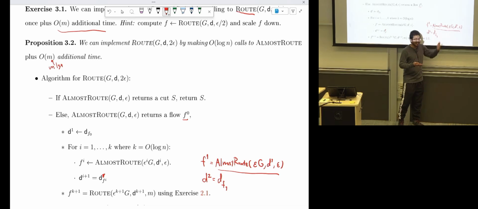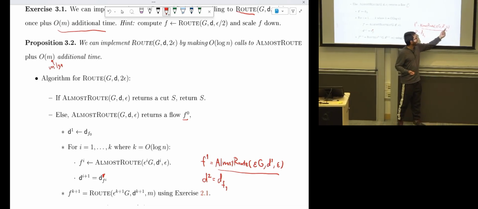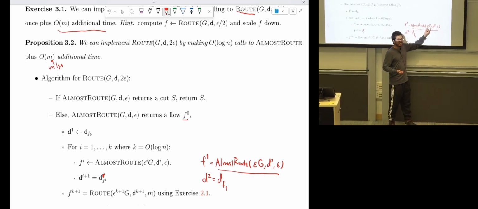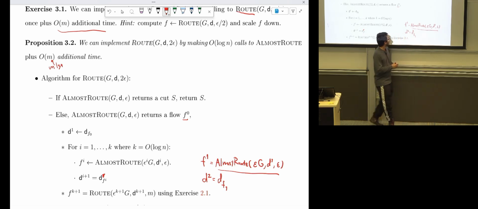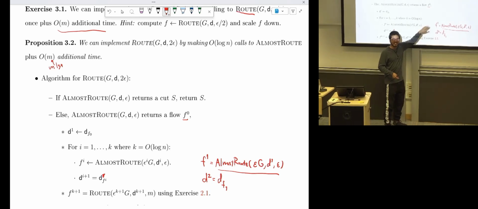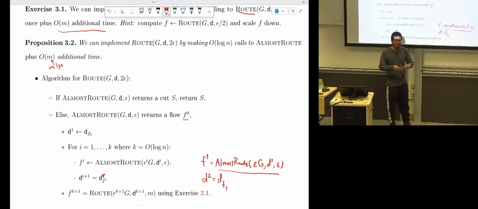Epsilon G. So it means that it's routable in G with congestion epsilon squared. And you keep going. First, the residual demand is routable with epsilon. Next round, it's routable with epsilon squared congestion, and it just keeps going down exponentially.